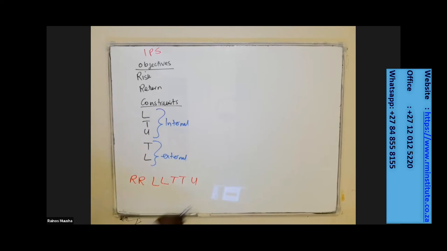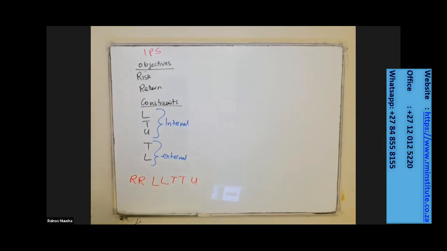Make sure you can classify them into objectives or constraints, and among the constraints, classify which are internal and which are external.